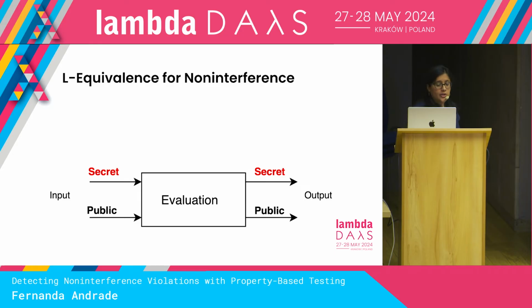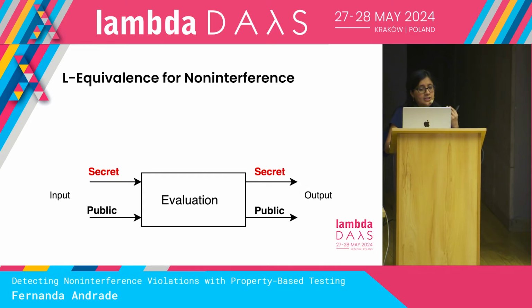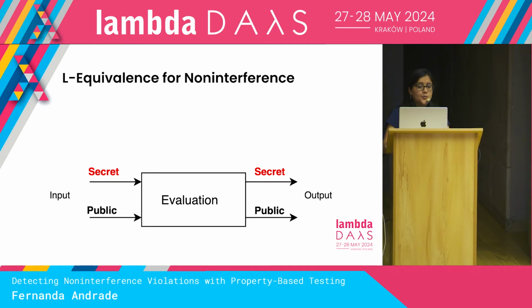We mentioned that information flow control enforces non-interference, and non-interference is a property that ensures that the modification of private information doesn't modify public information. And to understand non-interference, we need to review a concept called L-equivalence. In order to illustrate this, see this program with two labels.